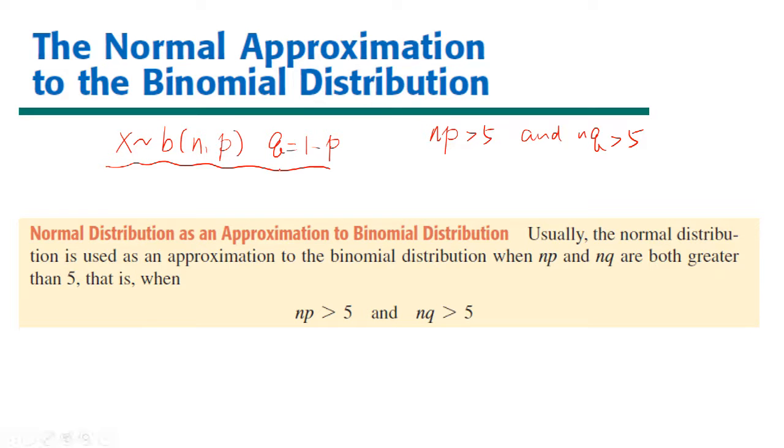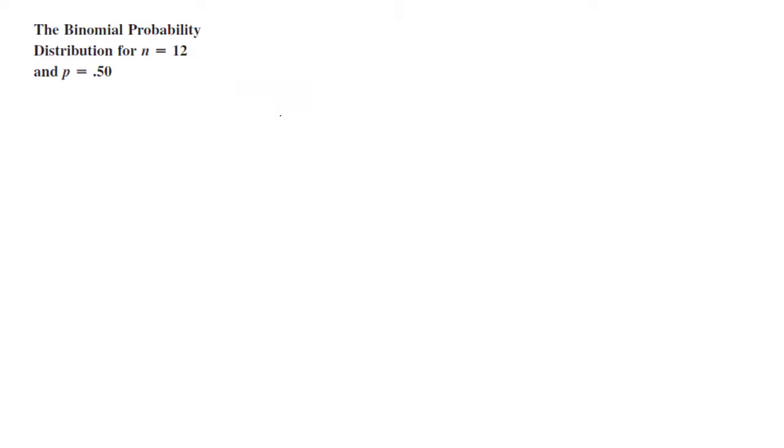Okay, I'll show you why this can be achieved. First of all, let's have a look at a specific binomial distribution. When n is 12 and p is 0.5, that means X follows a binomial distribution with two parameters 12 and 0.5.